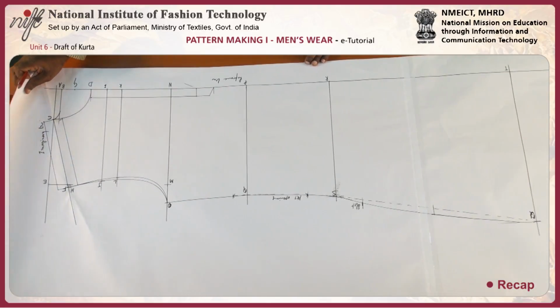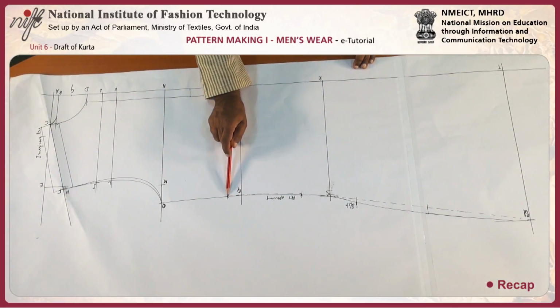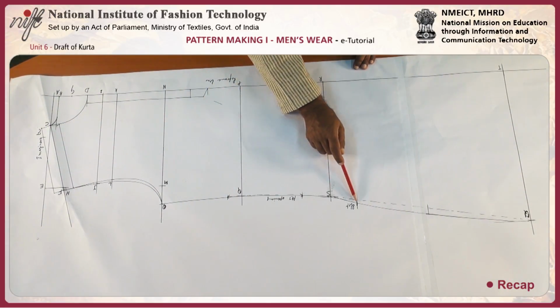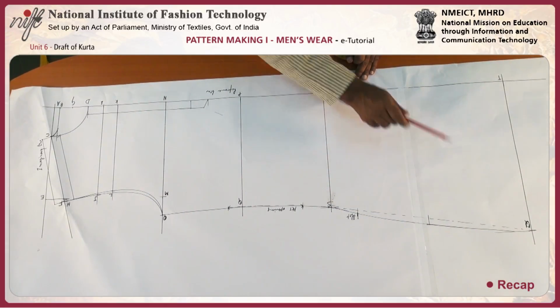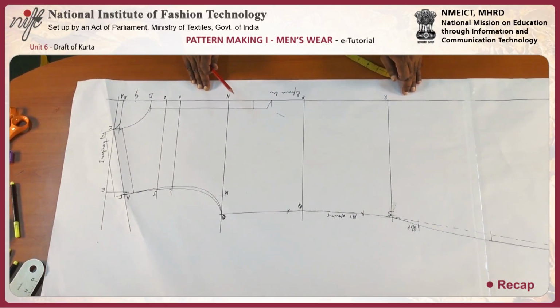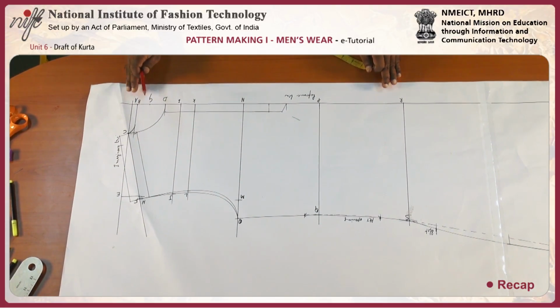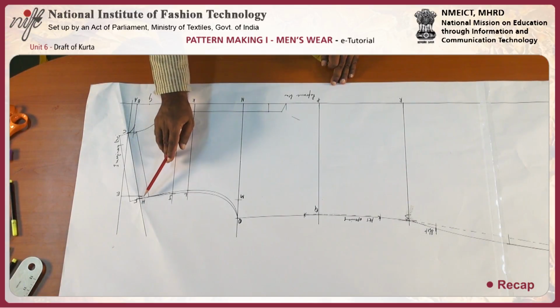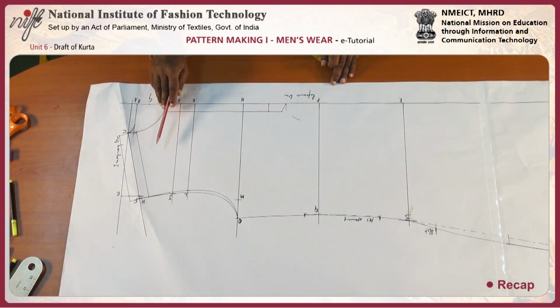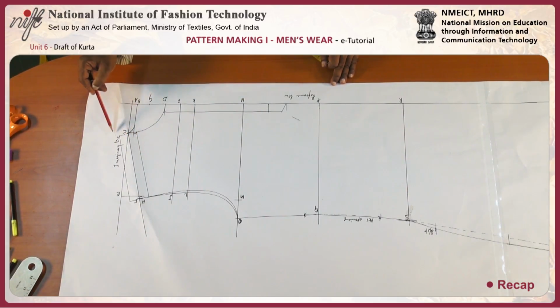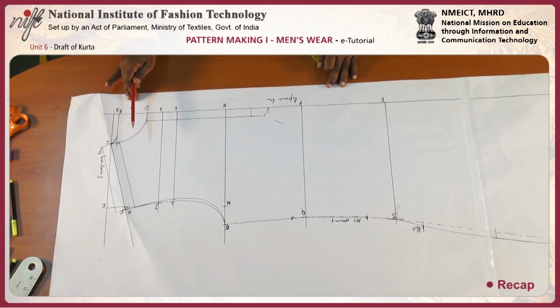Then I marked the pocket opening for the sides and the slit point for the flexibility of getting spread for an easier walk. Then I took rollover from the front to the back, 2 centimeters, creased it and pinned it and transferred it to the back. Then the final application was the placket.